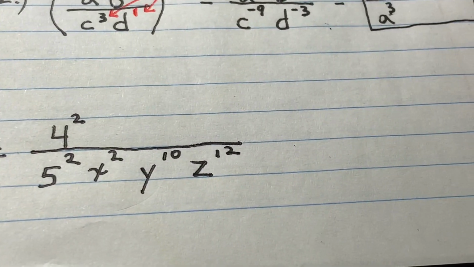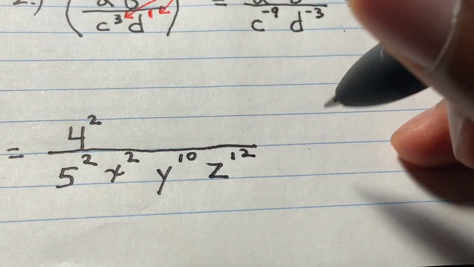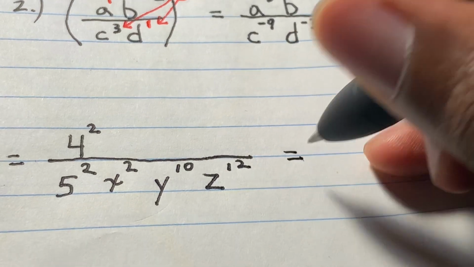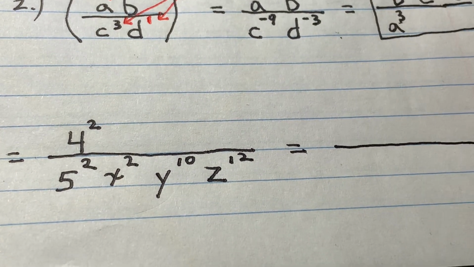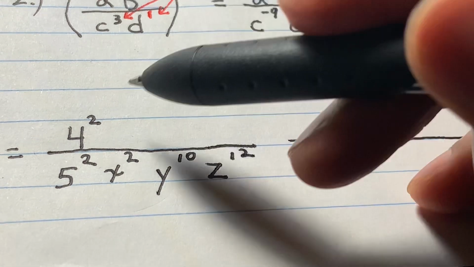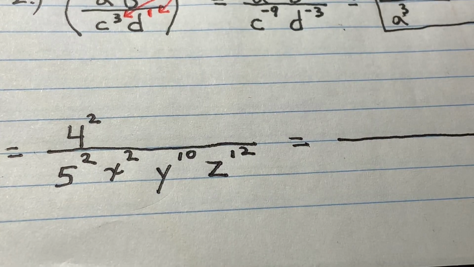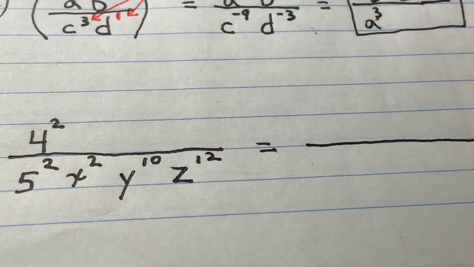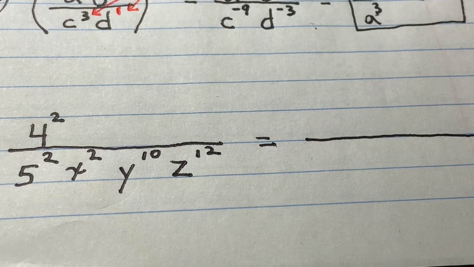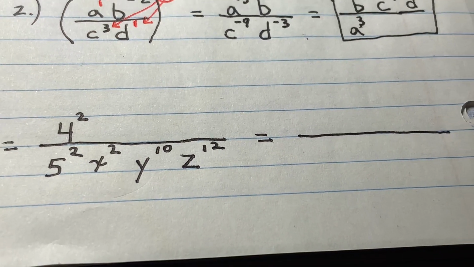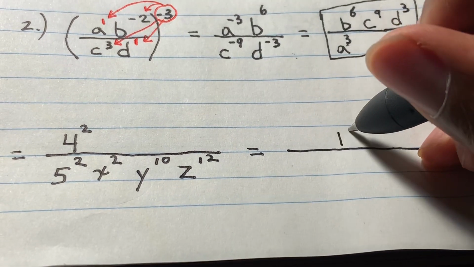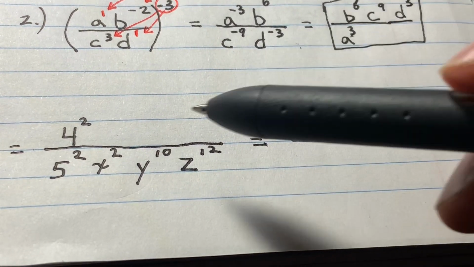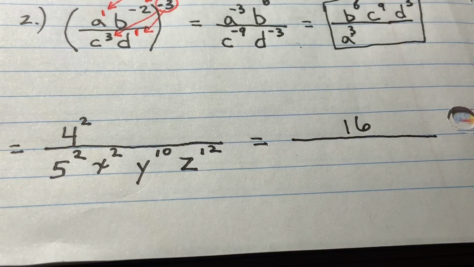We're not done yet because we want to evaluate the coefficients. Someone help me right now. 4 squared is what times what? Very good. 4 times 4, which is, okay, thank you, 16. 5 squared is what times what?